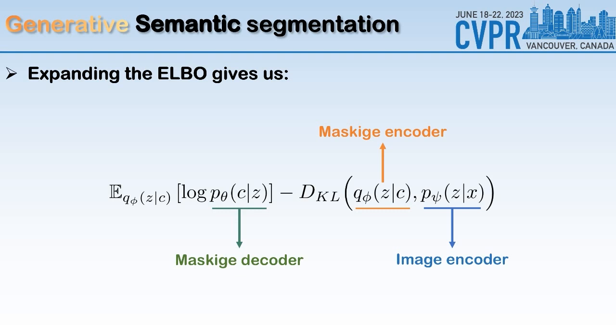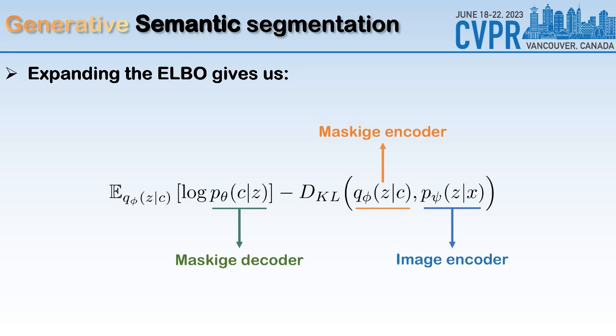The second conditional probability indicated by the orange underline involves generating the latent variable Z based on the maskage. We refer to this module as the maskage encoder. The third conditional probability indicated by the blue underline generates the latent variable Z based on the image input. We model this module as the image encoder.